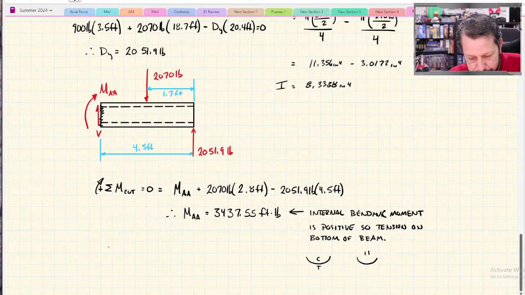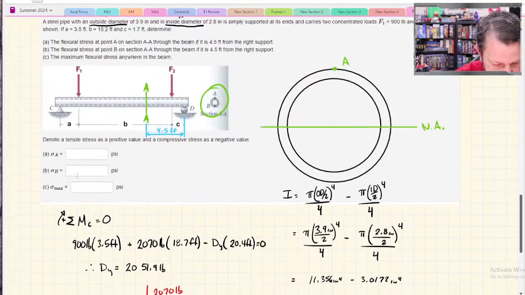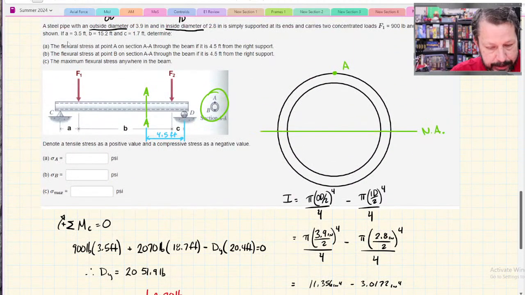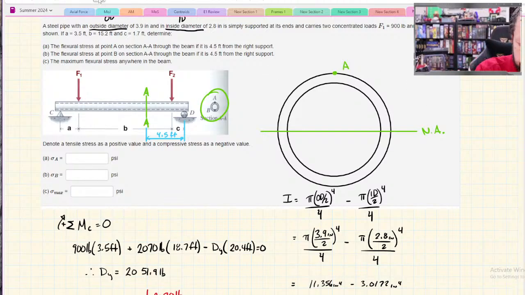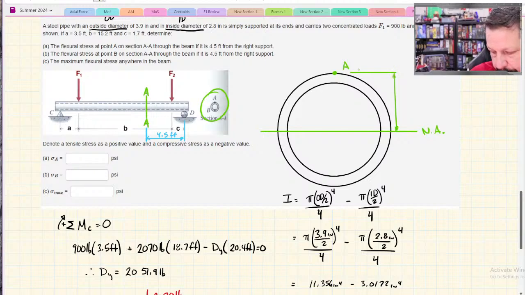All right. Now what we're actually trying to solve for is part A, the flexural stress at point A, so that's the top of our little cross section here, where that distance is half of our outer diameter. It's our outer radius.